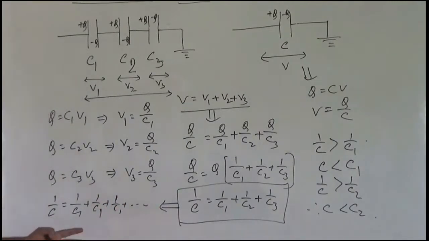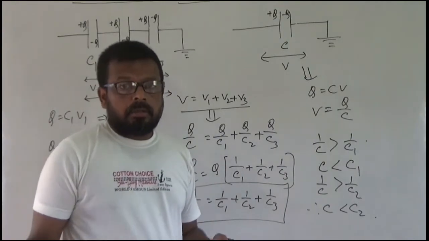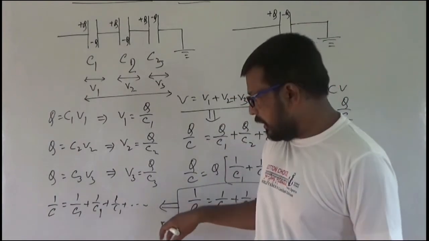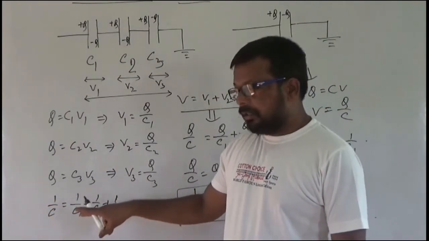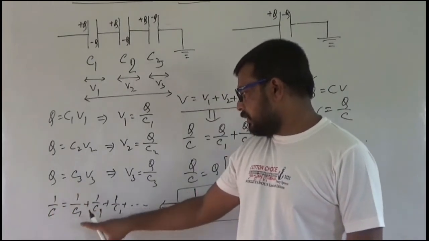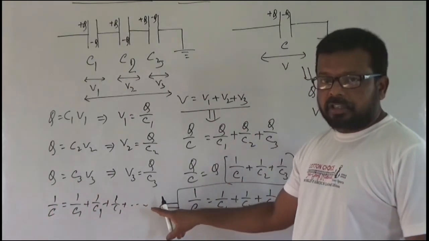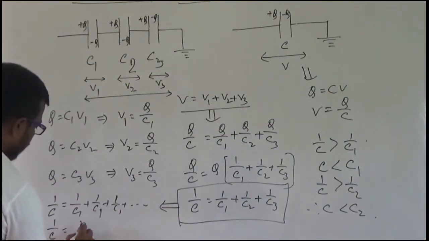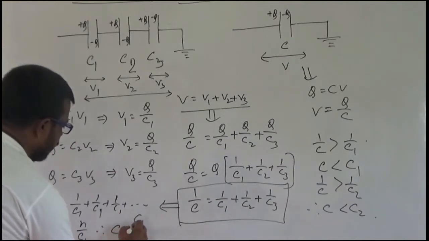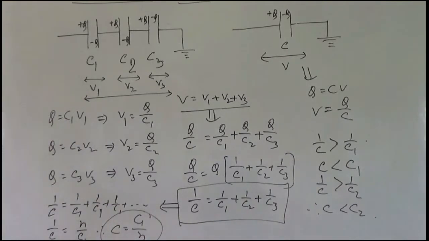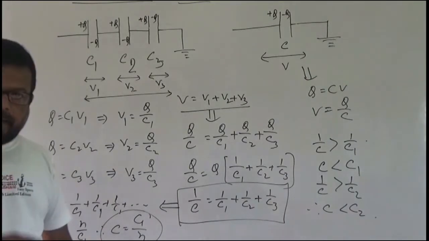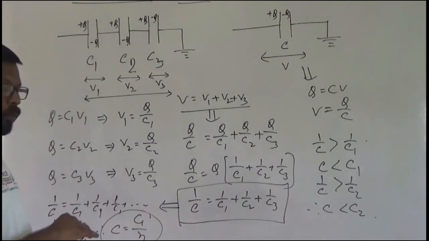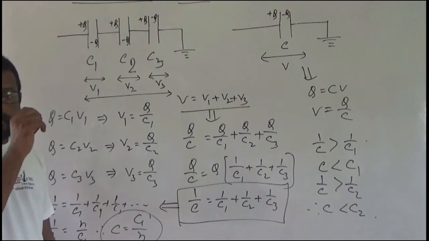If we connect n number of capacitors with the same capacitance C1 in series, then we can write the effective capacitance C like this: 1 by C equals 1 by C1 plus 1 by C1 plus 1 by C1 plus dot dot dot, that is n number. Or from here we can write 1 by C equals n by C1, that is C equals C1 by n. If we connect n number of capacitors with the same capacitance, then the effective capacitance will be 1 by n times that of a single capacitor.